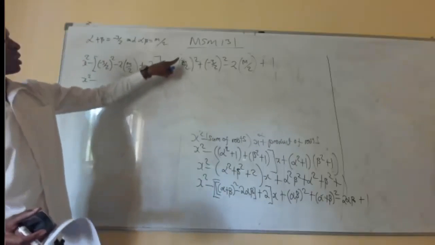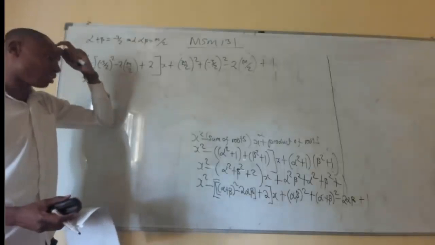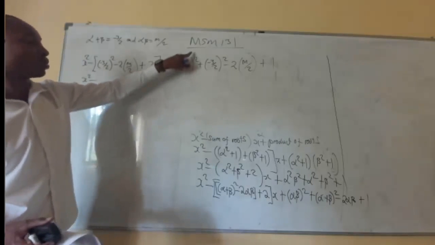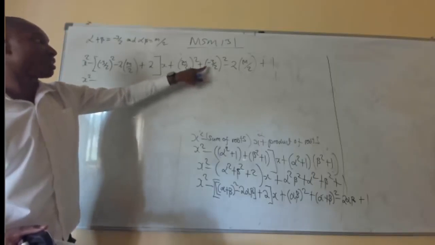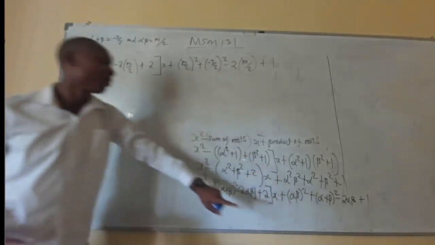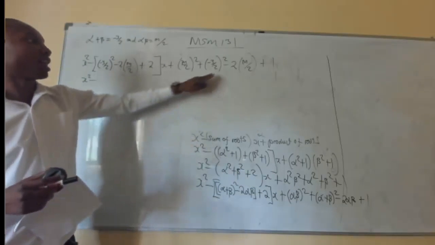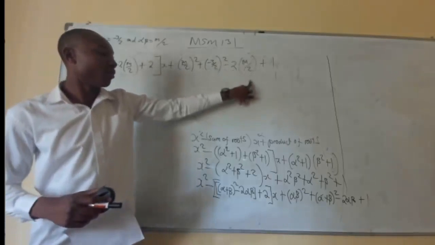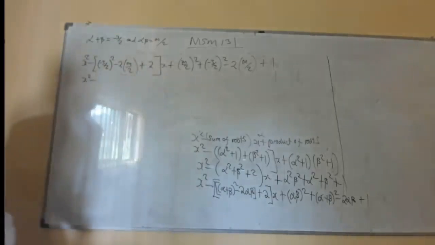That part we're saying is the product, alpha times beta squared. So we have m over 2 squared, then plus the sum. What is the sum? The sum is negative 3 over 2, then squared right here. Then from there, we have minus 2 m over 2, because that's the product, and plus 1, right?